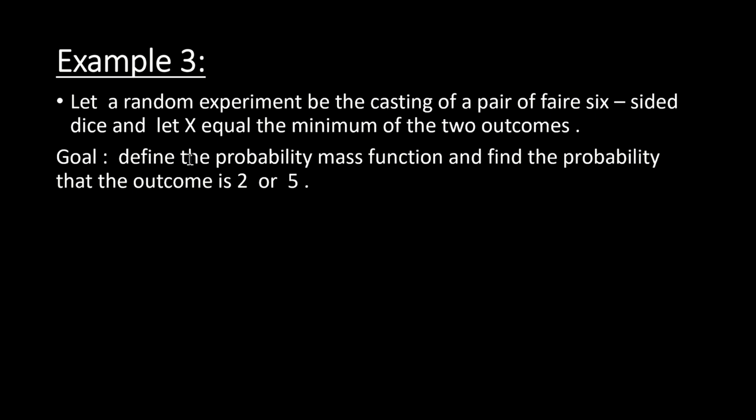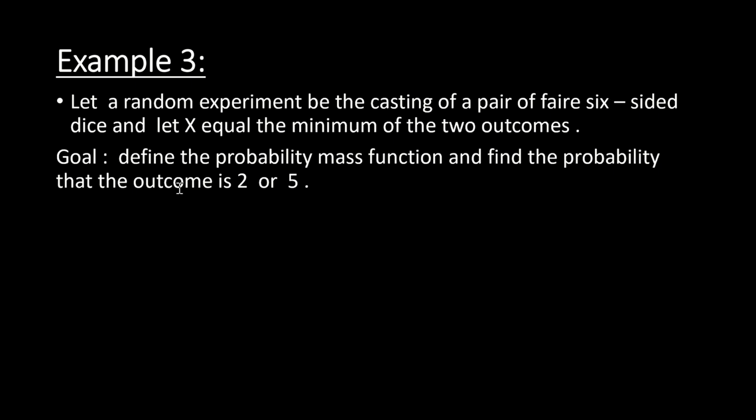The goal is to define the probability mass function and find the probability that the outcome is 2 or 5, right? Again, we have a pair of fair 6-sided dice, and let x equal the minimum of the two outcomes.